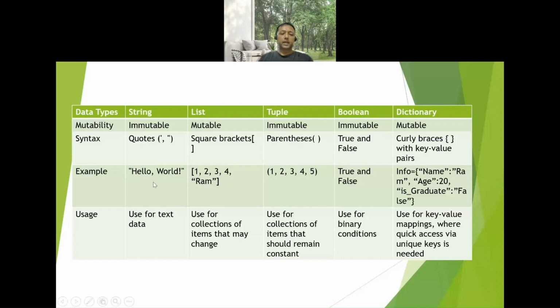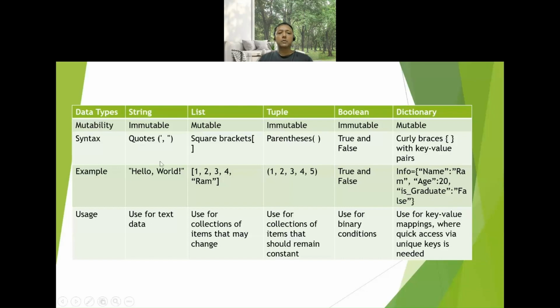I've given examples like hello world for a string, and for list 1, 2, 3, 4, ram with square brackets. Here it is parentheses, true and false, and again here I've given the pairs like name is Ram, age is 20, is graduate false, right?